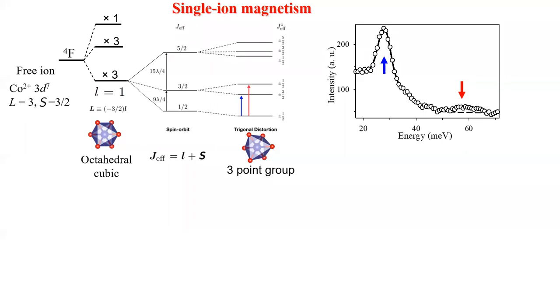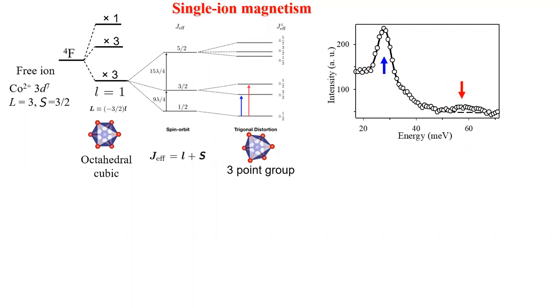And then this triplet can be described as an effective L equals 1. When that's combined with the spin, we get a J effective moment, which has as its lowest level J equals a half and 3 halves and so on.